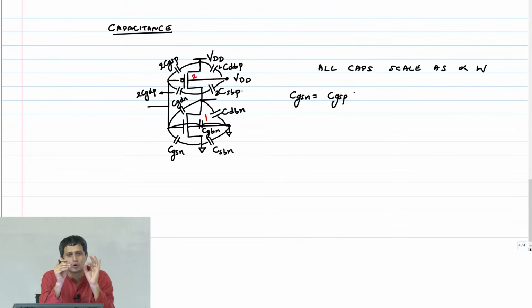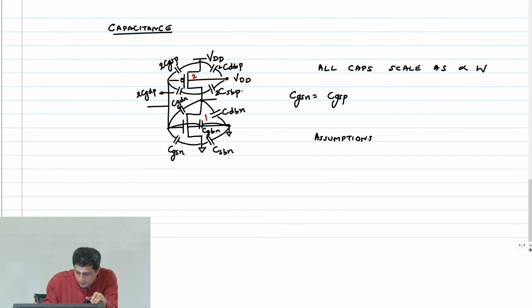The fact is both of them scale linearly with W. So the first assumption I am going to make is to lump all caps.